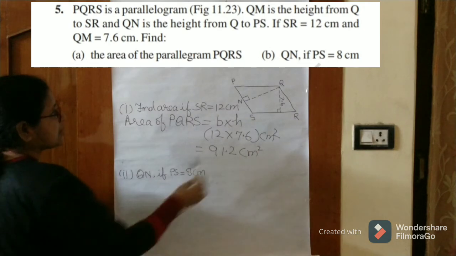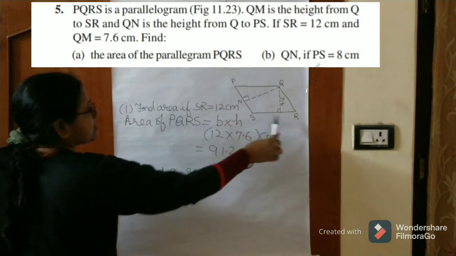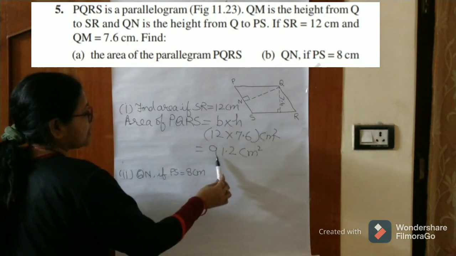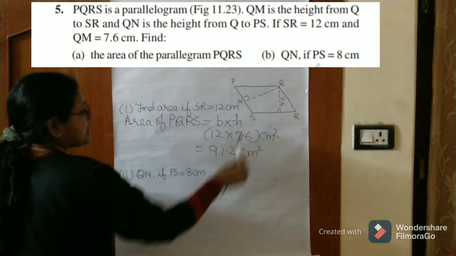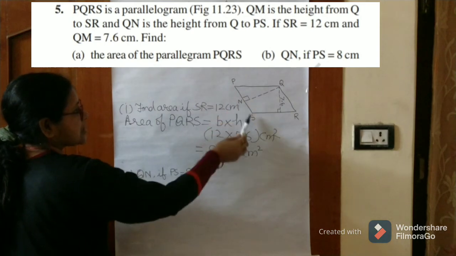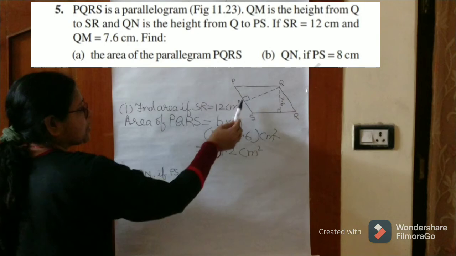Now coming to part 2. In this, you have to find the height QN. This is a parallelogram whose area has already been found, 91.2 centimeter square. तो पैरेललोग्राम तो वही है, तो इसलिए एरिया तो 91.2 ही रहेगा, बट बेस अब हो जाएगा इसका PS. अब बेस PS लेंगे और हाइट QN लेंगे.